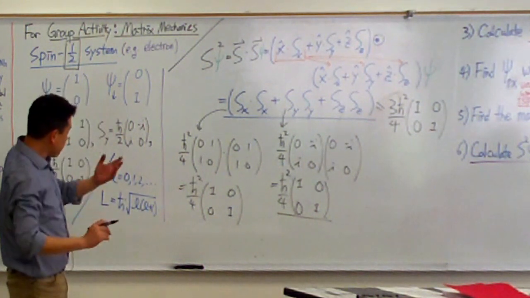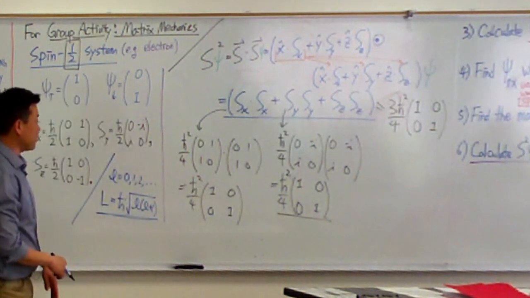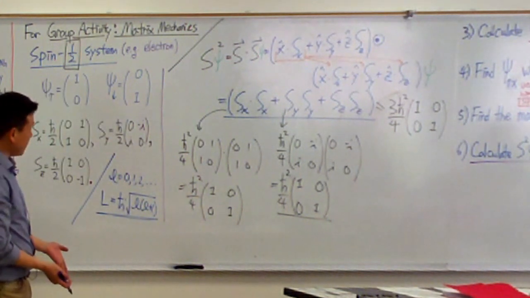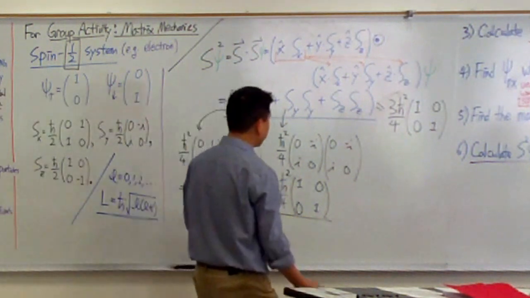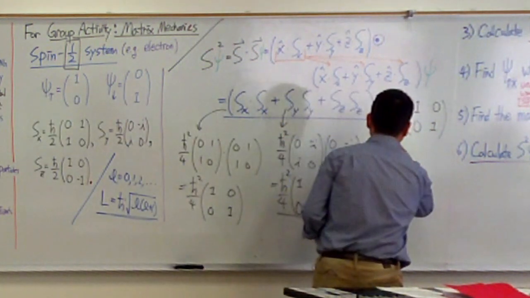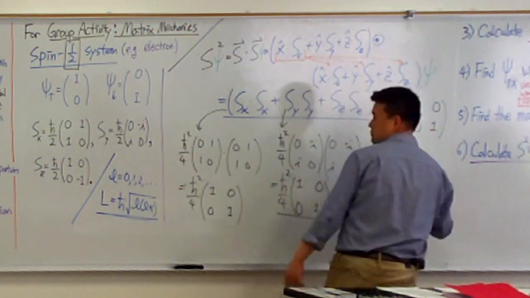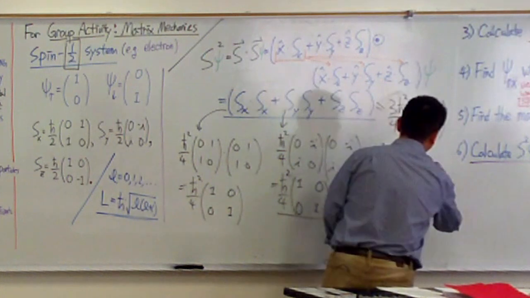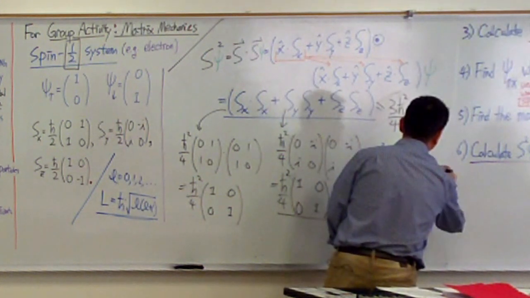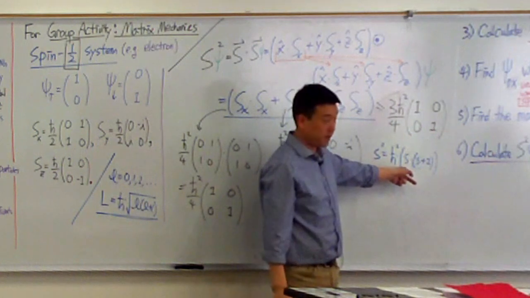Now, let's just imagine that this relationship for angular momentum continues to apply to the spin angular momentum. Then you would say, okay, the magnitude of spin squared should be h bar squared times, getting rid of the square root, the quantum number s times s plus 1. So s is 1/2 in our case.